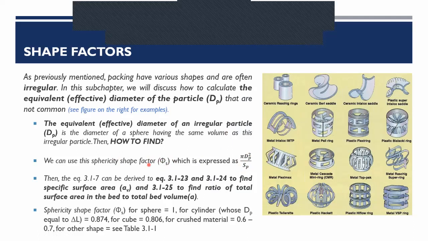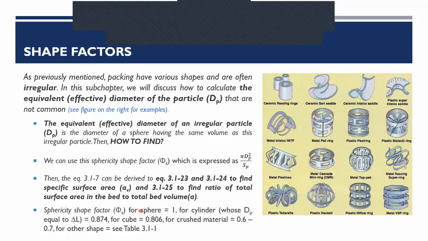So to find the equivalent or effective diameter of an irregular particle, we will use this sphericity shape factor, tau s. We can find the dp by using equations 3.123 and 3.124 to find the AV, and 3.125 to find the A.